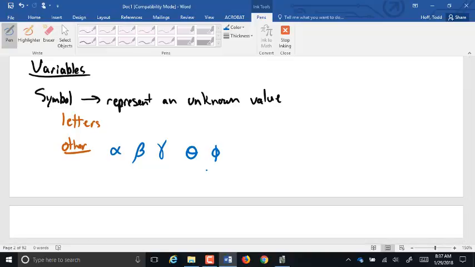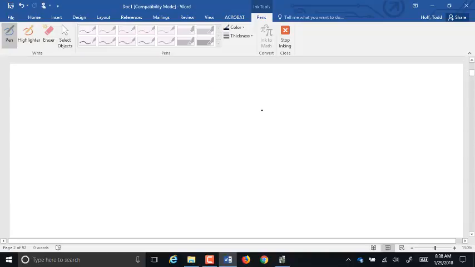The main reason we use them is because we run out of our standard letters, so we need more variables to put out there. These variables can take on many forms. One form is just a generic representation.